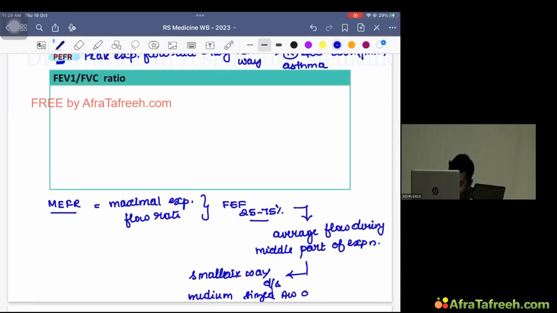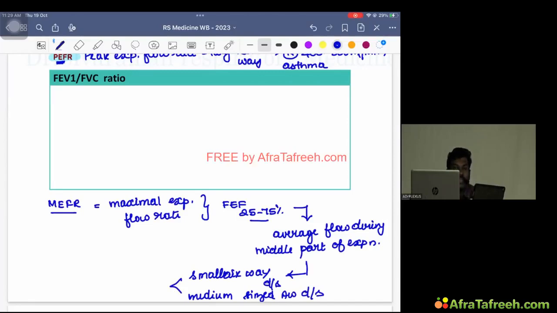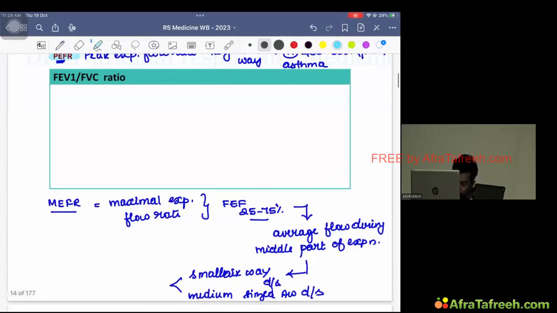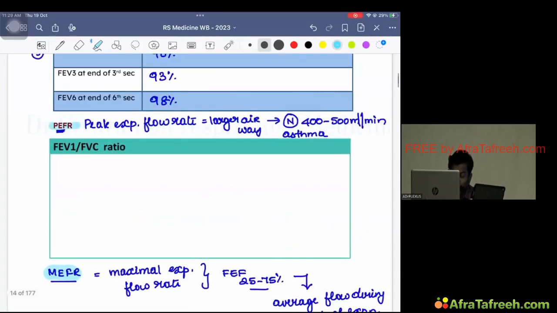This is called MEFR, or maximal expiratory flow rate, which corresponds to the middle part of your expiration.